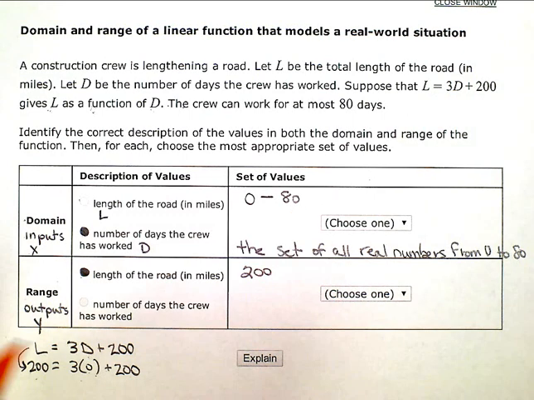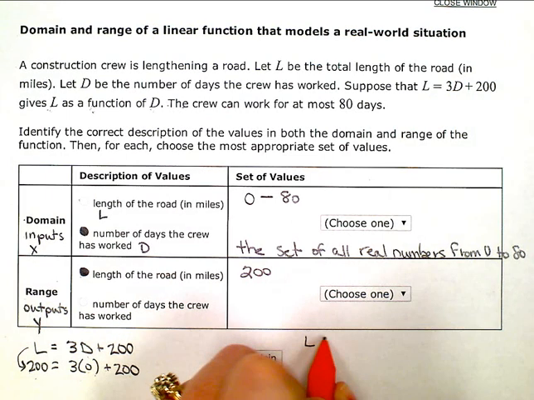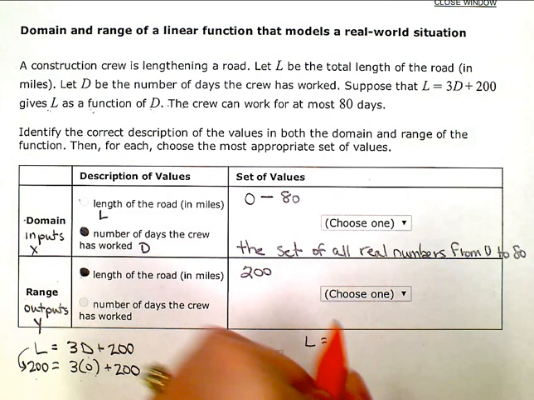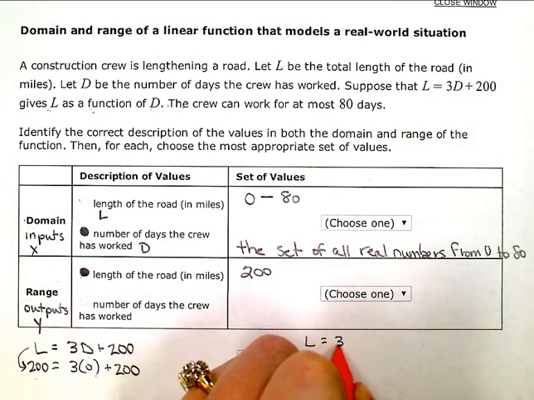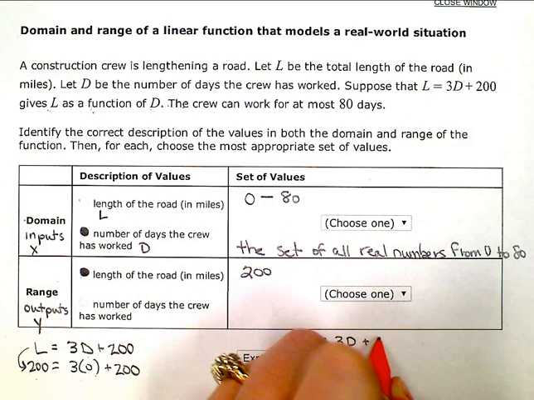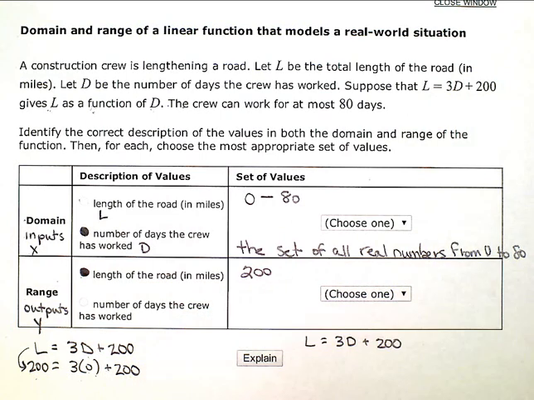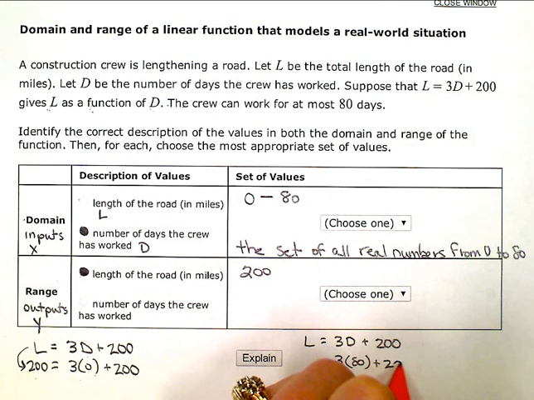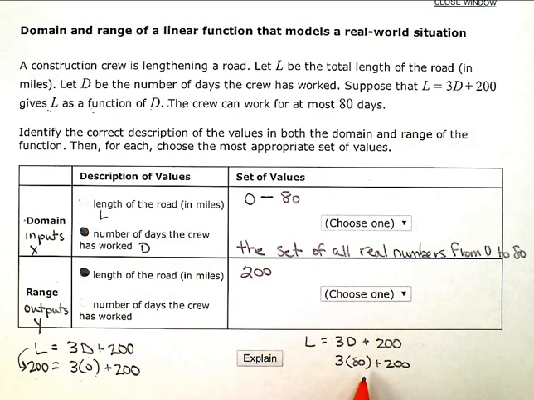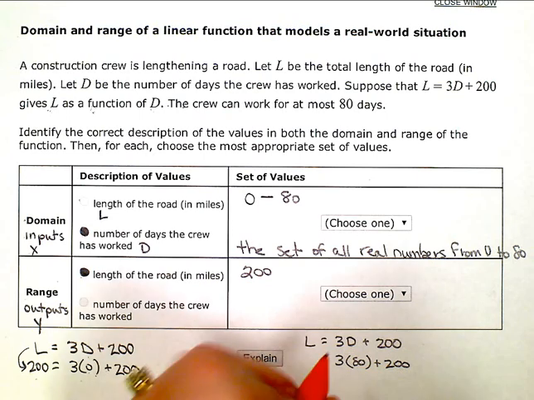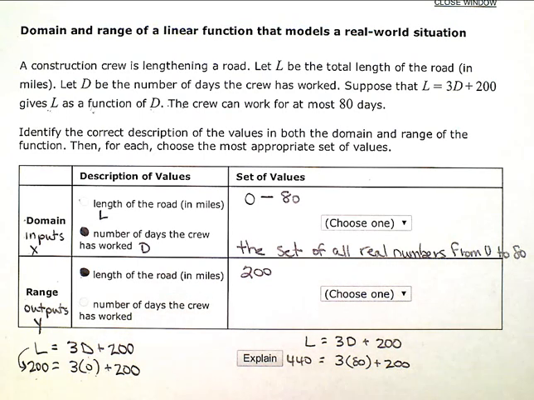So again, I'm going to use my function equation here. L equals 3D plus 200. So instead of D, days, I'm going to put in the maximum, or 80. So 3 times 80 plus 200. 3 times 80 is 240, plus another 200 would be 440 as my output.